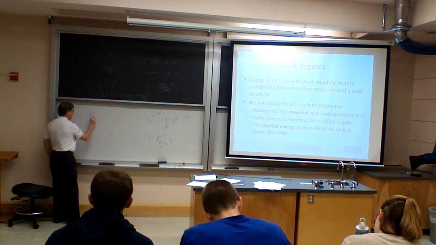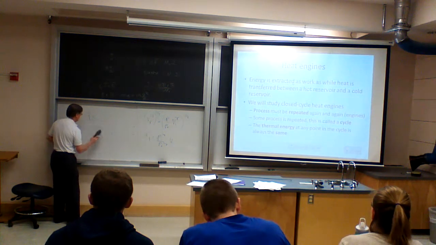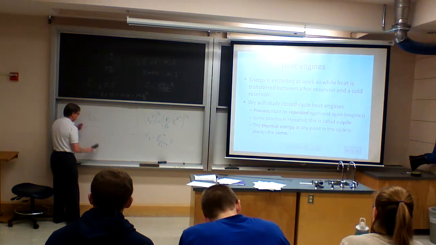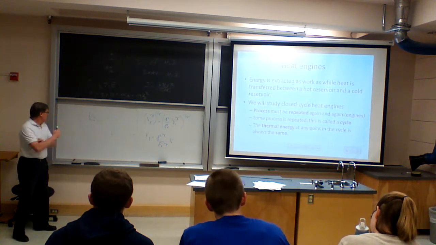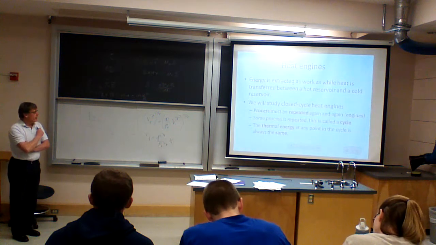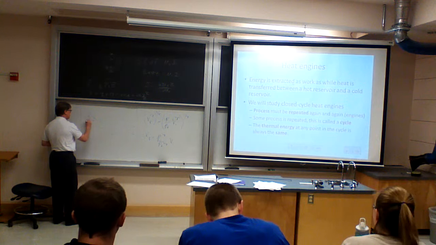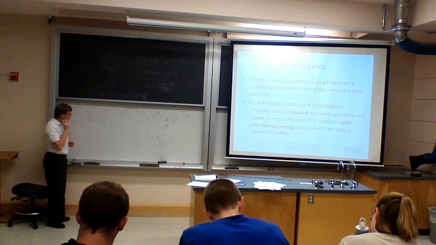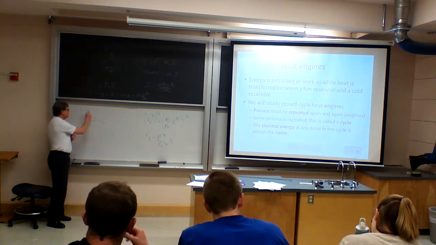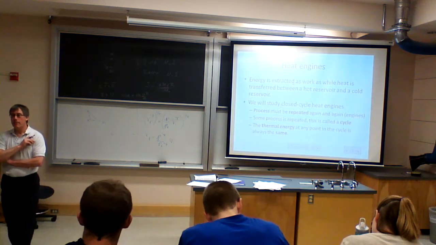And we go around and around and around. In this cycle, let's just arbitrarily call these points 1, 2, 3, back to 1. I'm saying at 2, the thermal energy is always the same.